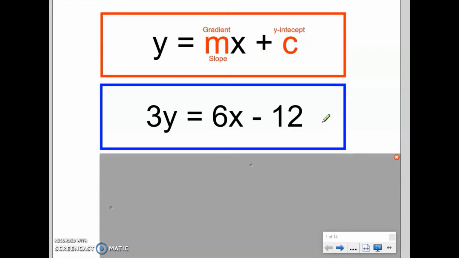Okay, so first of all, let's focus on this red box at the top of the screen. This is the form that all equations of straight line graphs may take.